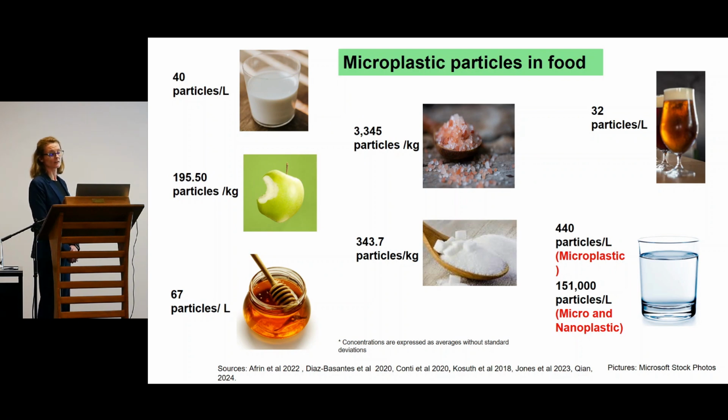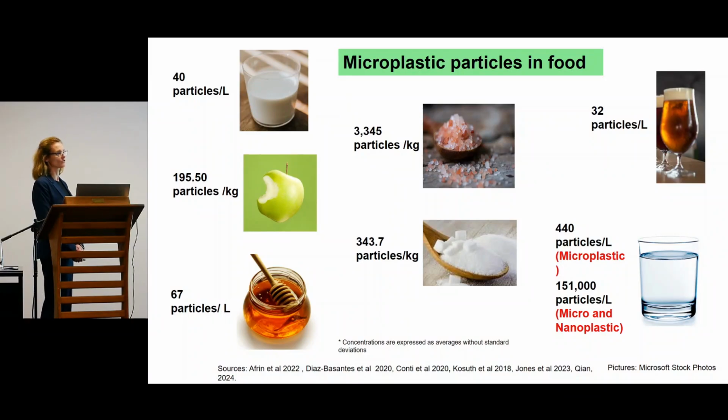And two studies, for example, with tap water: one study found 440 particles per litre, looking at the largest size microplastics. However, a second study, which was also able to capture the smaller nanoplastic-sized particles, found a much higher concentration in tap water of 151,000 particles per litre.